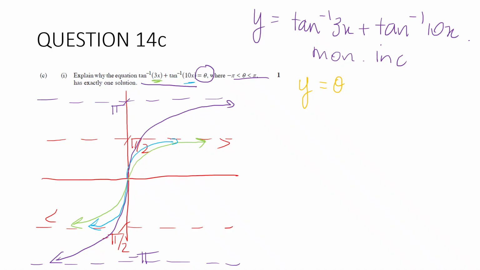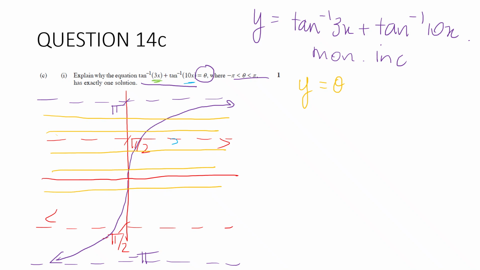Now, let me just get rid of these two graphs here so you can see what's happening. Wherever I draw a horizontal line between negative pi and positive pi, it's going to cut that purple line only once, and in fact exactly once. Can you see that?